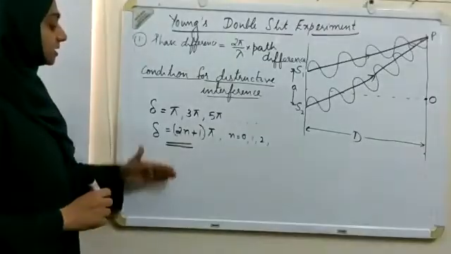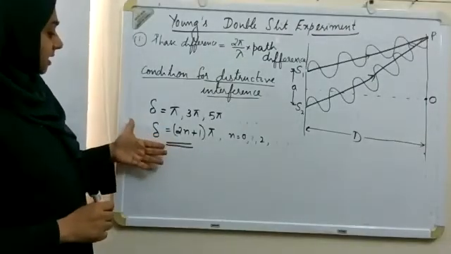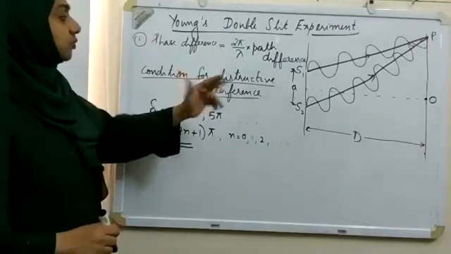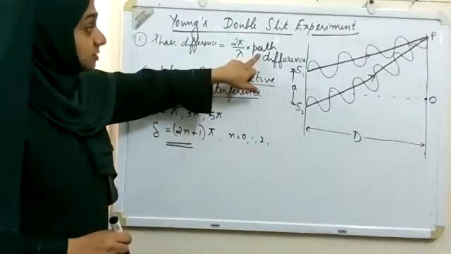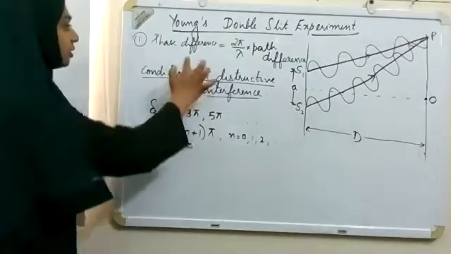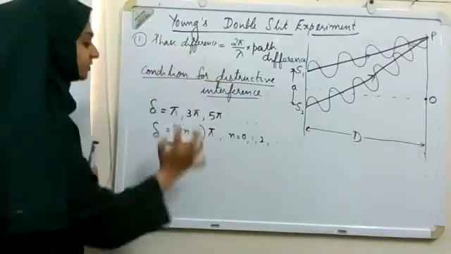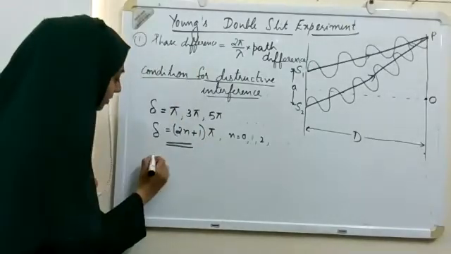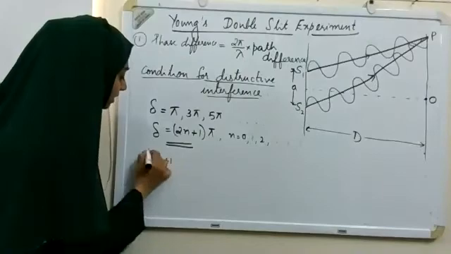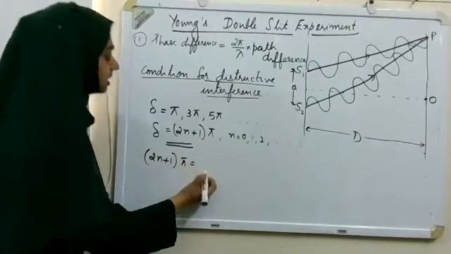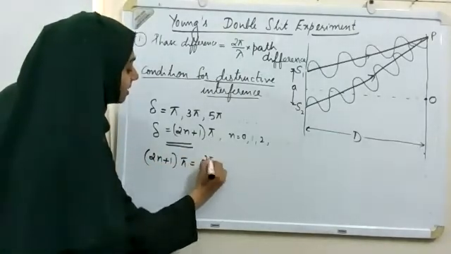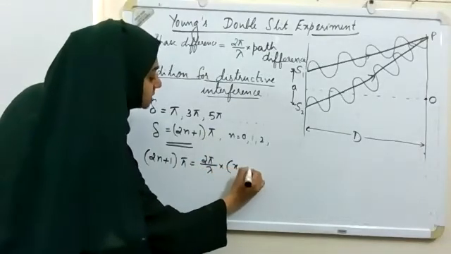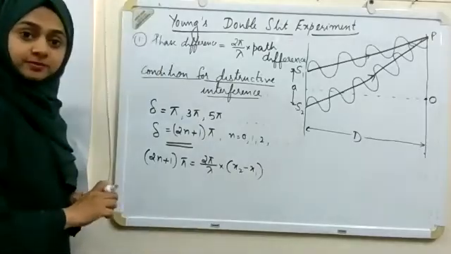Now let us see what happens if we apply the same condition to this equation. We will get the condition in terms of path difference. Putting here, instead of phase difference, 2n plus 1 times pi, equal to 2 pi by lambda times the path difference, that is x2 minus x1.